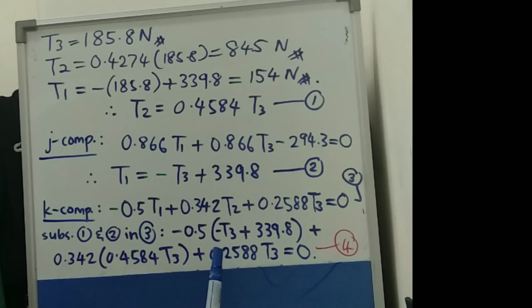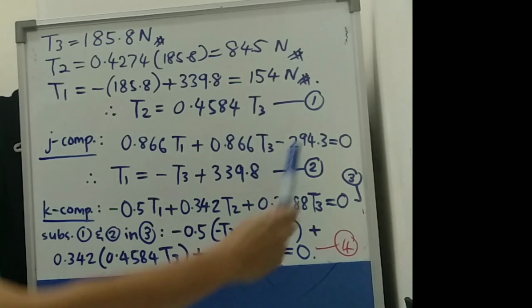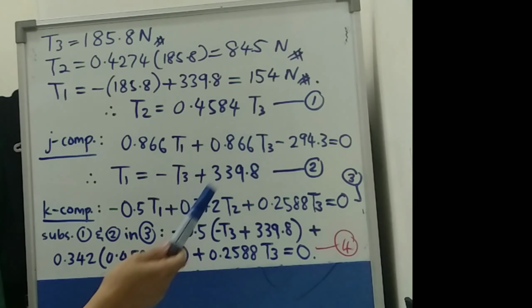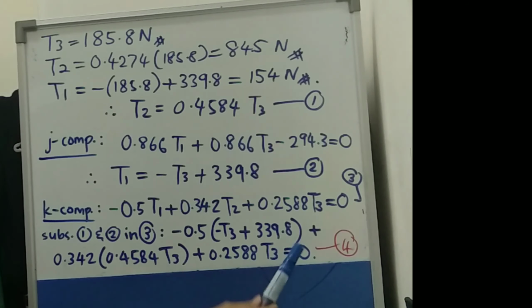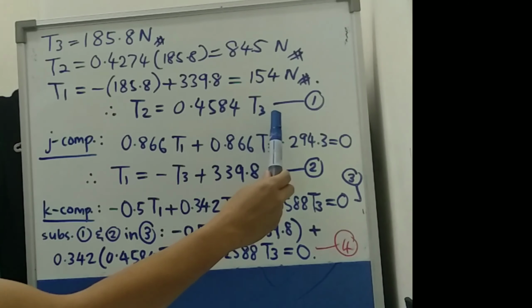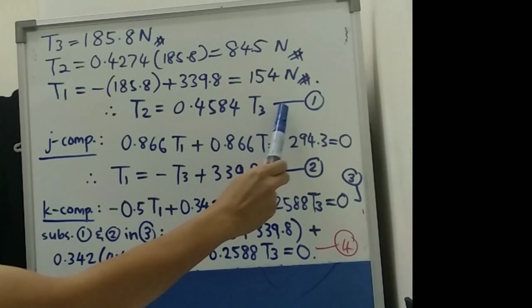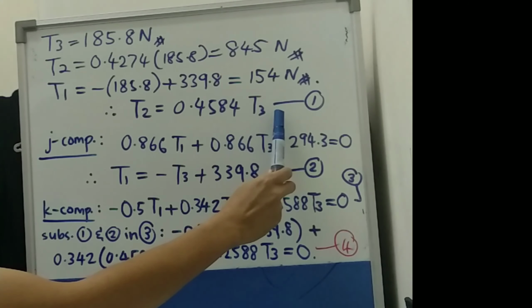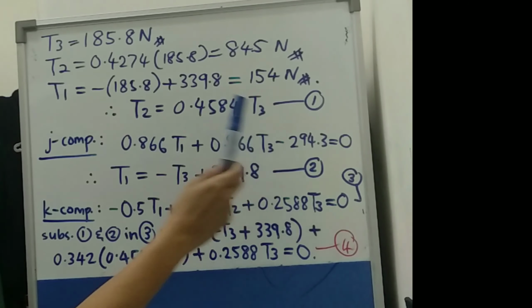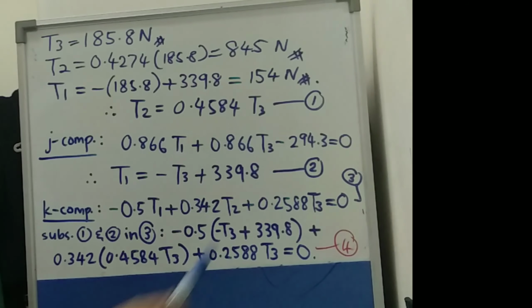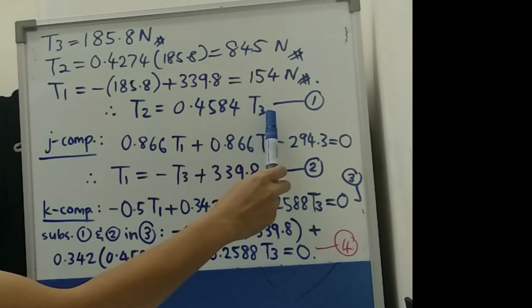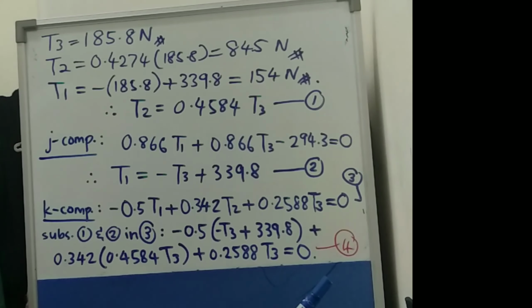In this example, we solve T3 first using substitution. Once we managed to solve for T3, you can apply it to the previous relationship, T2 equal to the value of T3, the unknown that we have found.